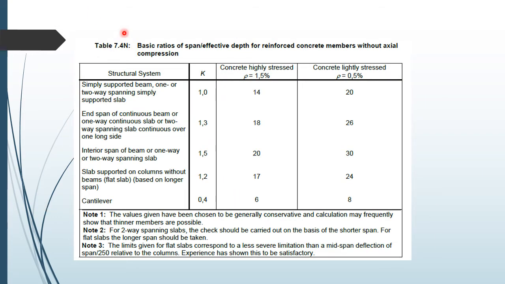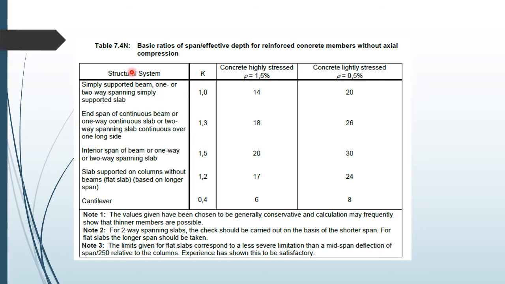This is Table 7.4N, basic ratios of span to effective depth for reinforced concrete members without axial compression. We use this table to get K, so we will be able to use the formula for L over d. The K is for the structural system.